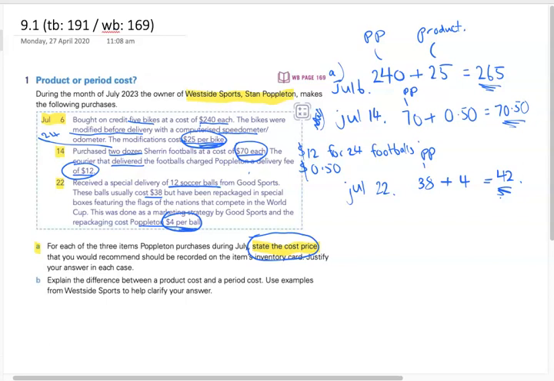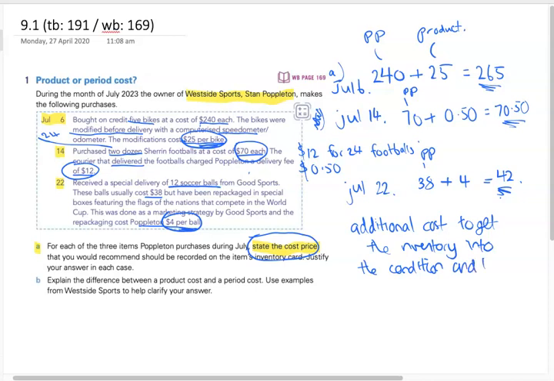All of this has occurred because, and we'll write this out because you do have to justify it, there have been additional costs to get the inventory into the condition, so for example, the speedometers and the packaging, and location, and this is where we're talking about the delivery charge of the footballs, ready for sale. So that would be your justification.